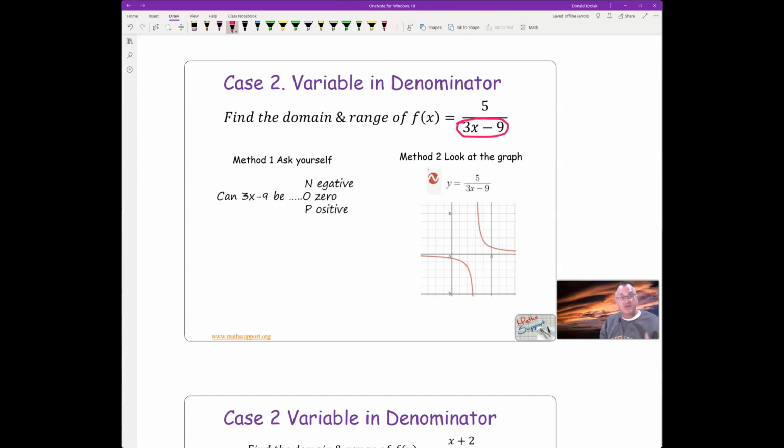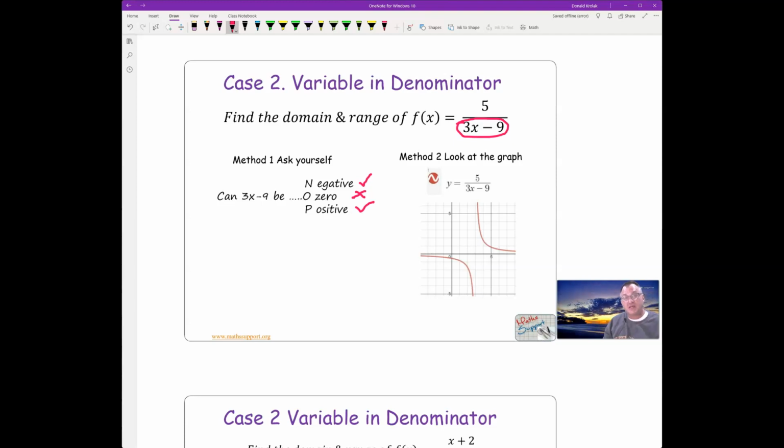Sure, you can have negatives in the denominator, so yes. Can the result of this be 0? No, because it's in a fraction. So this is no, can't be. Can the result of this be a positive number? And the answer is yes. I can have denominators that are positive.